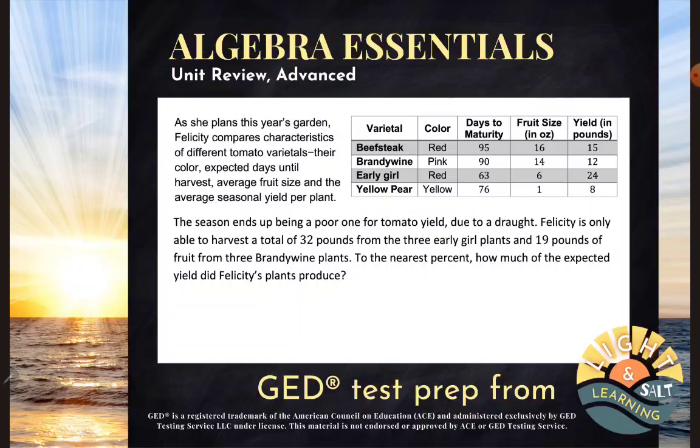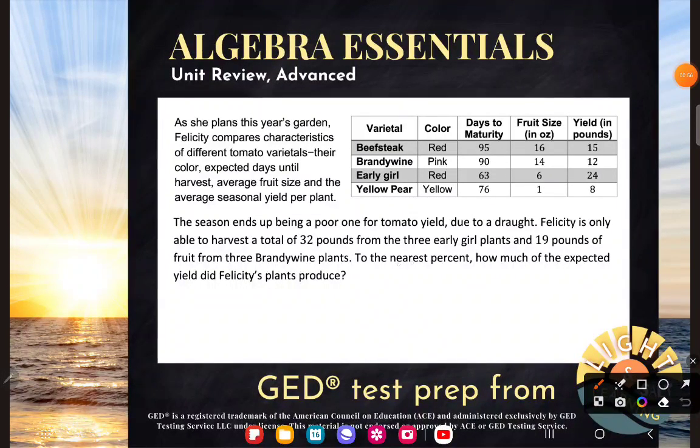All right. So what are they asking you to do or to find? Well, they didn't come right out and say it. But they did say, to the nearest percent, how much of the yield did Felicity's plants produce? So basically the idea here is we're trying to look at how much she produced out of that yield she expected, and turn that into a percent.